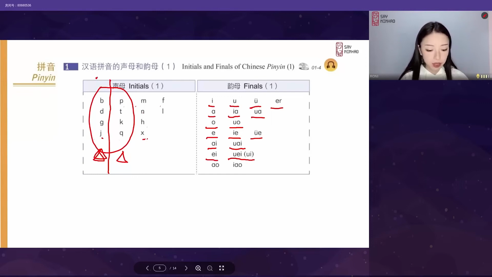This is the pronunciation of this final, and we will write it down like this, in the bracket. Next one is ao. Last one, you.